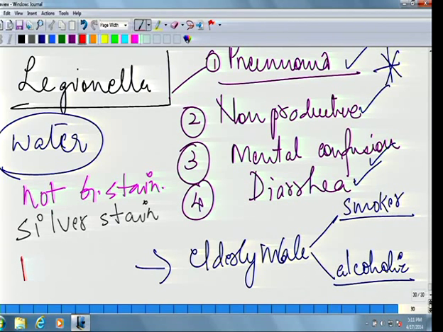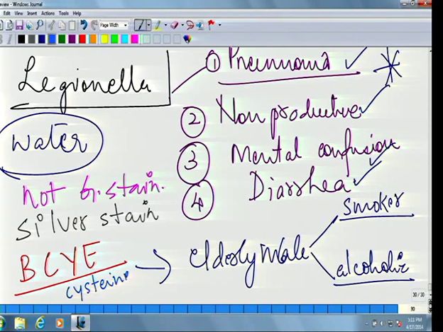Buffered charcoal yeast extract agar, a media supplemented with cysteine. So this in a nutshell is all about Legionella: it does not show up on a gram stain, it is demonstrated by silver stain, and you see a pneumonia in an elderly male, mostly an alcoholic smoker.